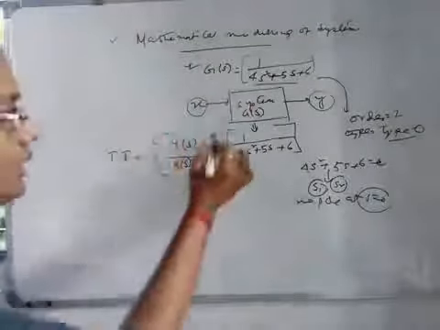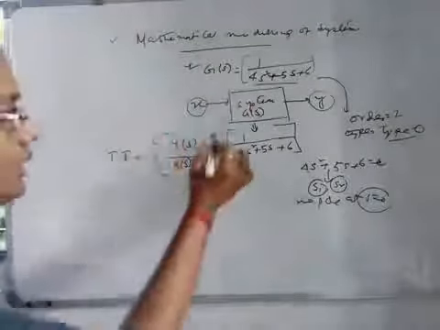What we get is Vi(s) equal to I(s)R plus s L I(s), because the Laplace transform of L di/dt is s L I(s).